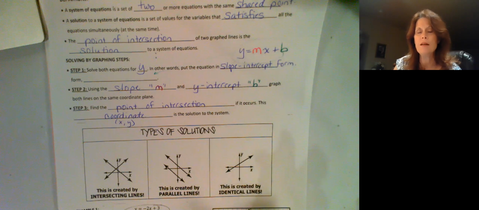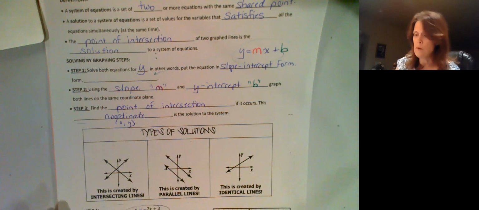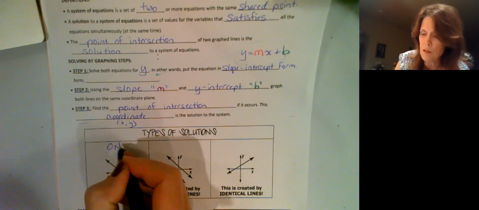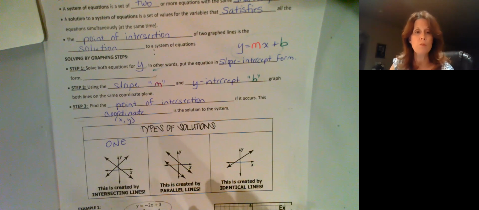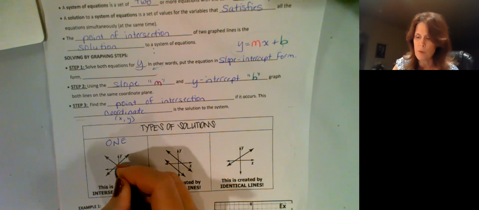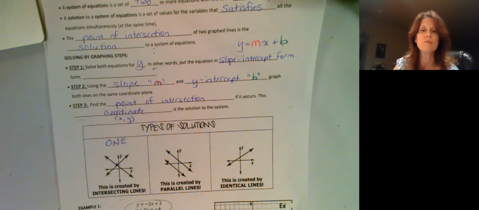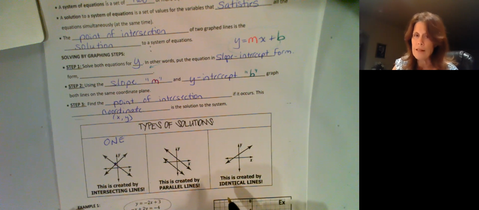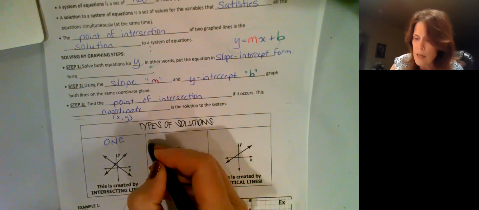Now this "if it occurs" is because there are three types of solutions that we could see if we were graphing a system of equations. We could see one solution where there's this one point that they share, the one point where they intersect, okay? But if there are parallel lines, then we're not going to have a solution.